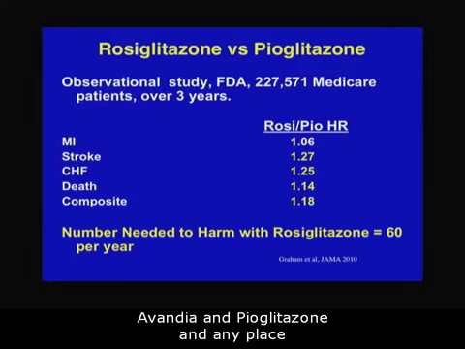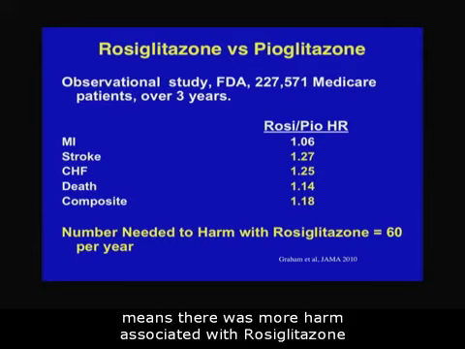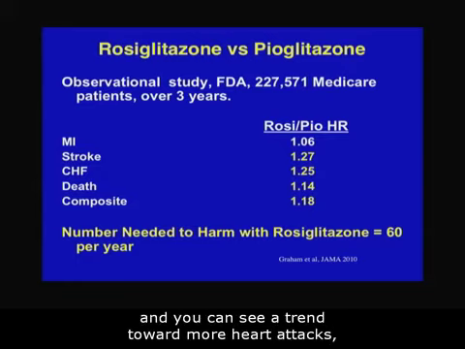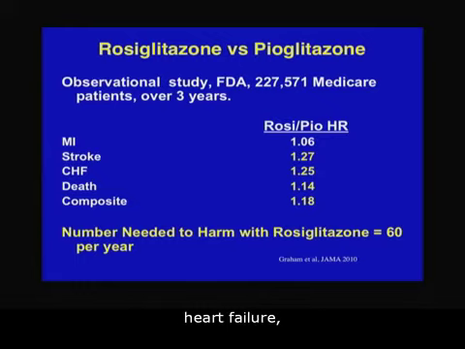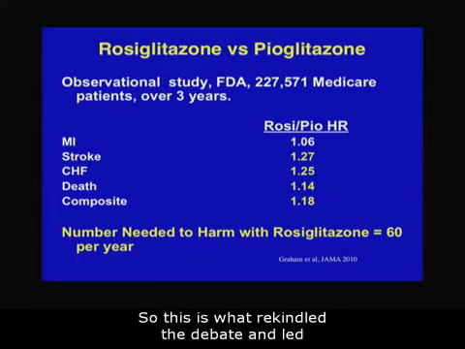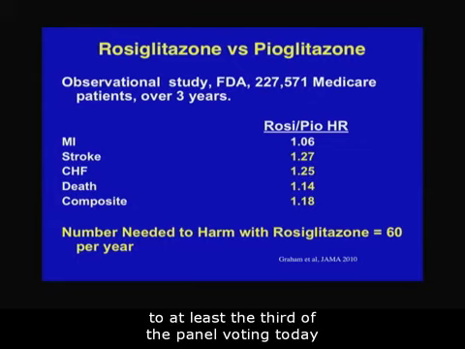And any place where the number is greater than 1 means there was more harm associated with rosiglitazone. And you can see a trend towards more heart attacks, more strokes, heart failure, death, and the two combined.